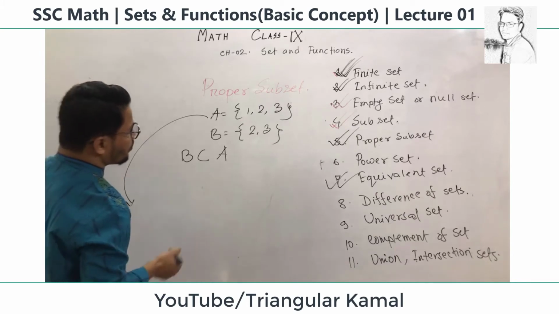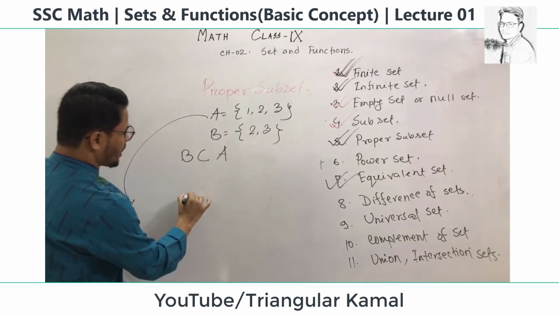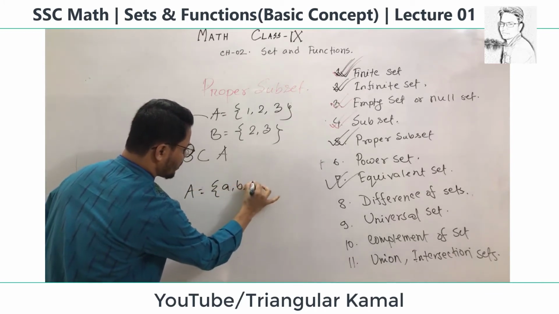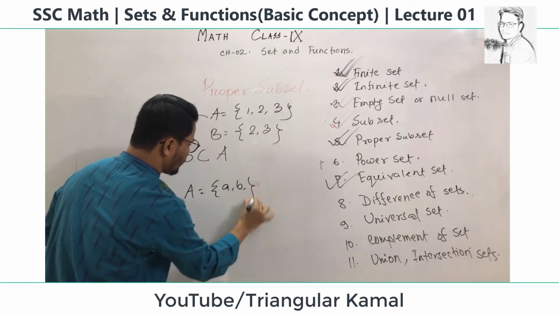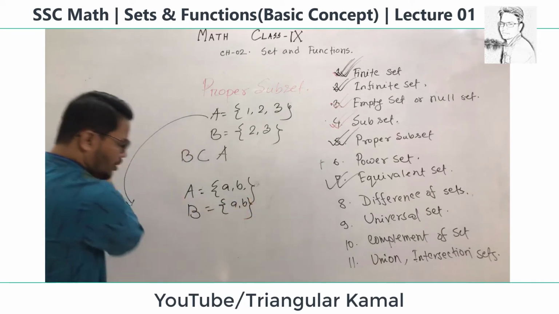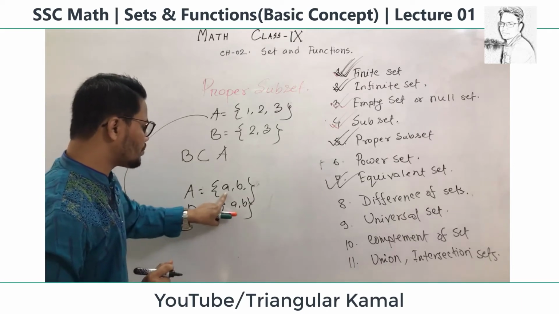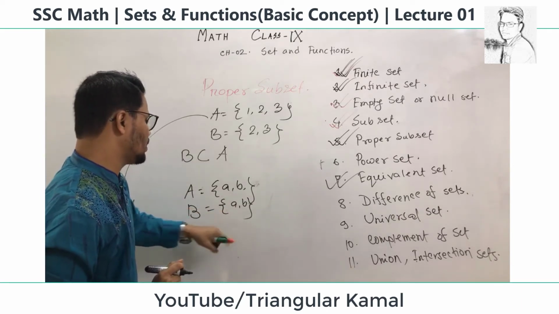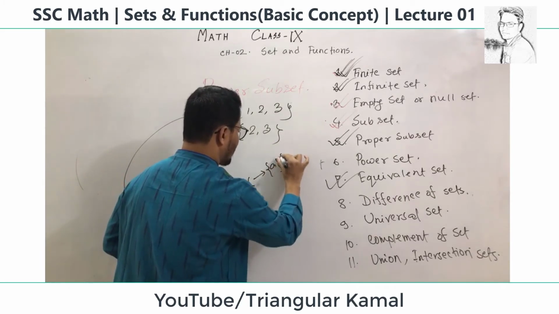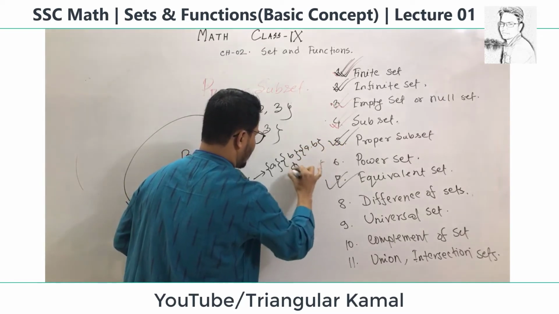And another one, the subset. The subset condition: if the elements of A are A, B, and the elements of B are AB, then B is a subset of A and A is a subset of B, because we will get here 4 elements: A, B, AB, and the empty set.